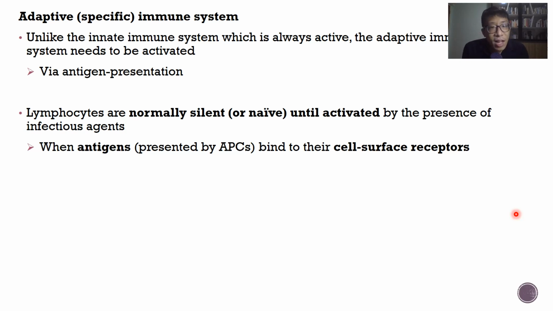The B cells or T cells become activated when they bind to the antigens, especially the helper T cells in particular. They would be activated when they bind to the antigens presented by the antigen presenting cells on their cell surface via the MHC class 2 molecules.